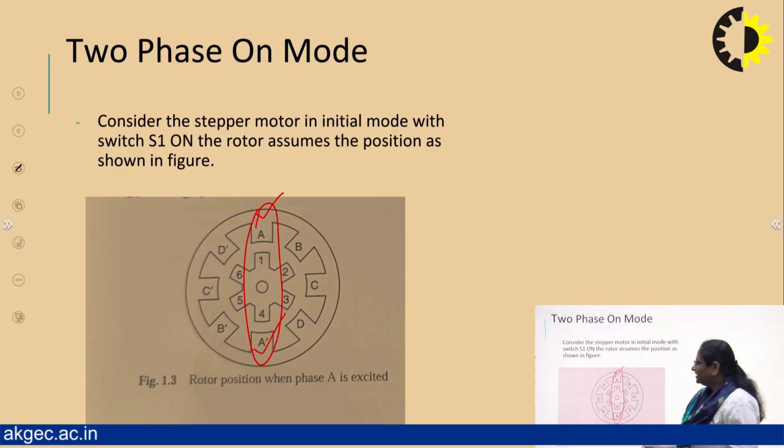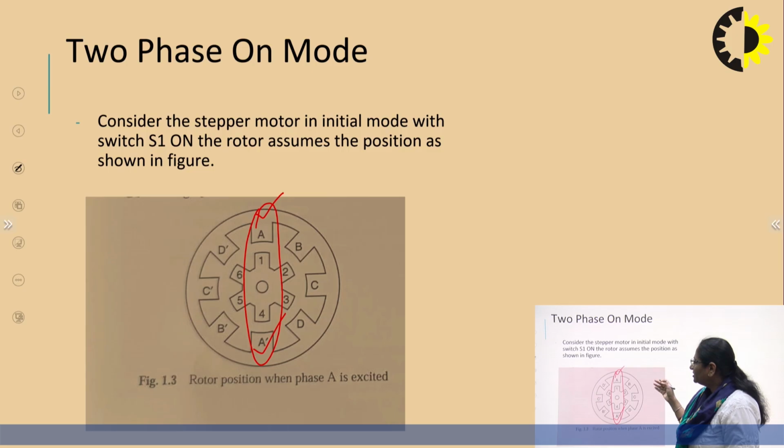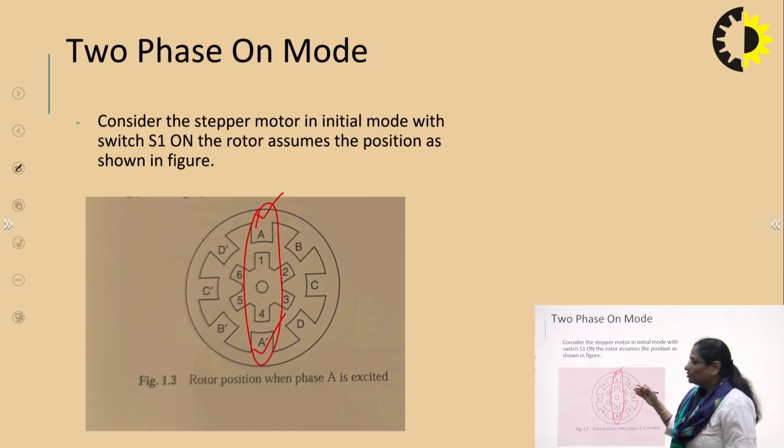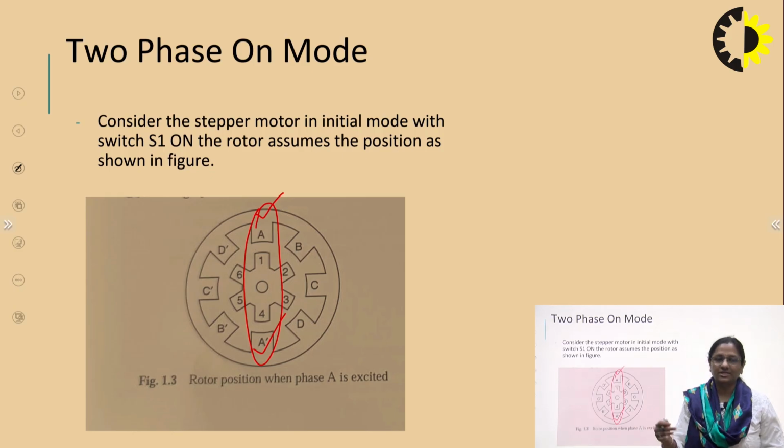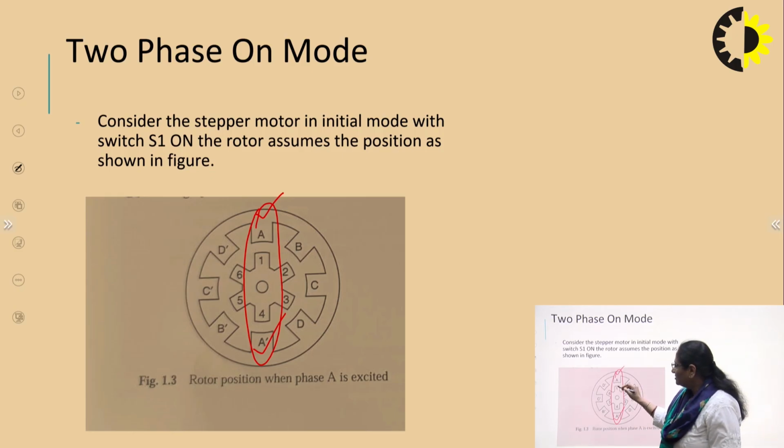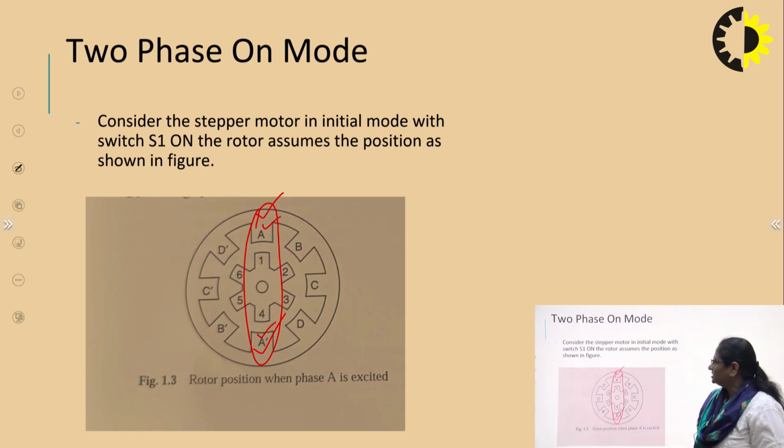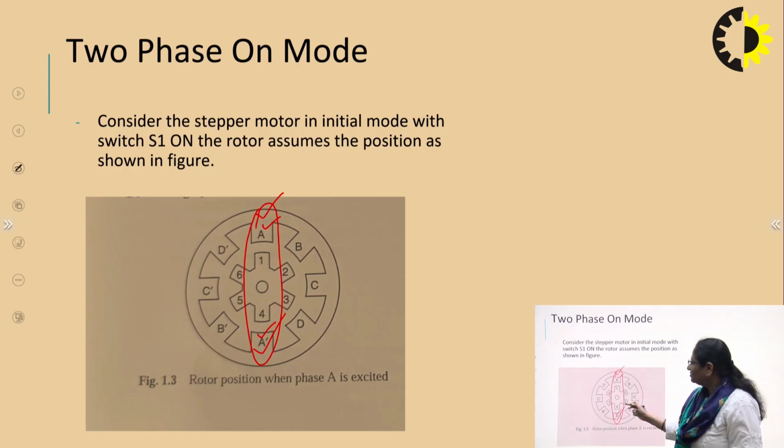So the rotor has aligned itself to have the minimum reluctance path in the magnetic circuit of the machine as shown in the figure. So 1 and 4 are in perfect alignment with pole A and A dash of the stator. This can be seen from this particular figure. This is our reference position of the rotor, and we will start operation of the motor from this reference position.